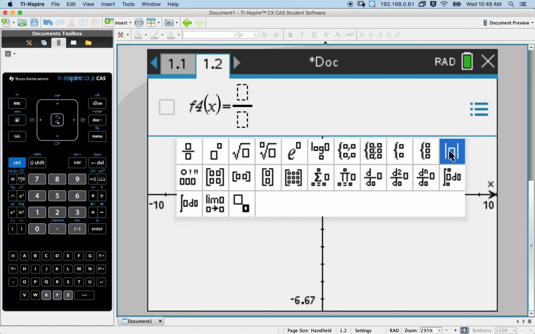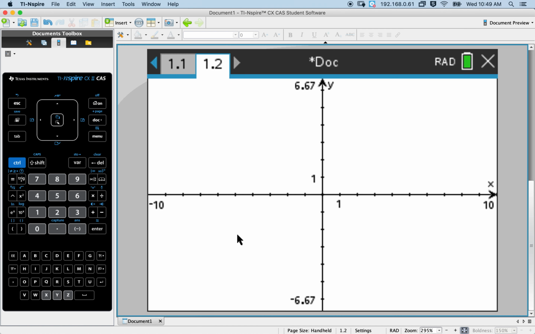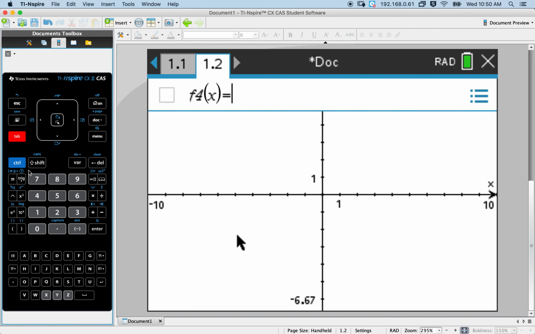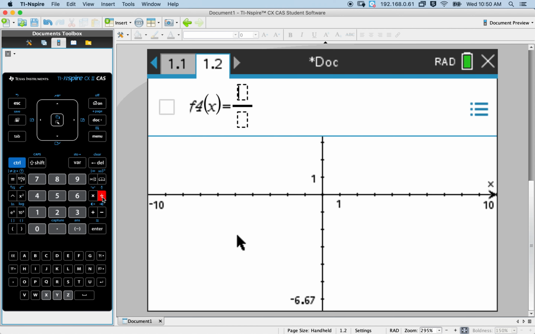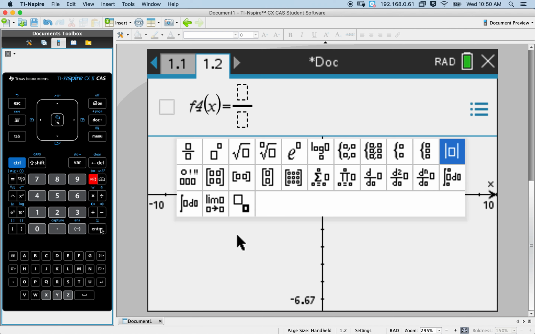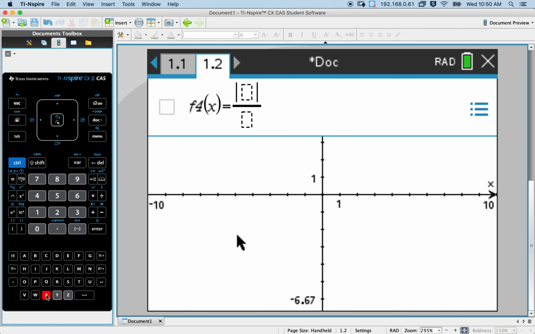I'm struggling with using this with the computer, so I'm sorry. Okay, let's try again. Control, brackets, enter, absolute value of x, and we're going to divide that by x.